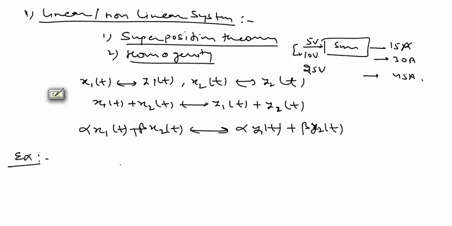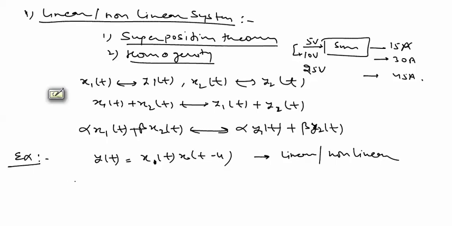Check whether the system is linear or not. Check for linearity. y(t) is given in this way: x(t) multiplied by x(t) minus 4. We want to check whether the system is linear or non-linear. If input x1 is applied, y1 is x1(t) times x1(t) minus 4.